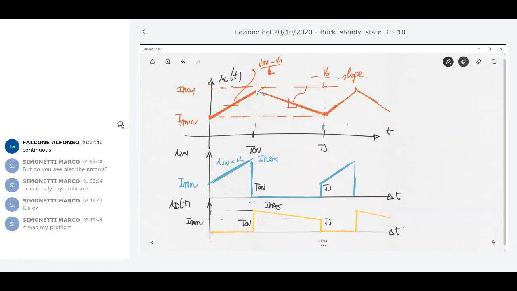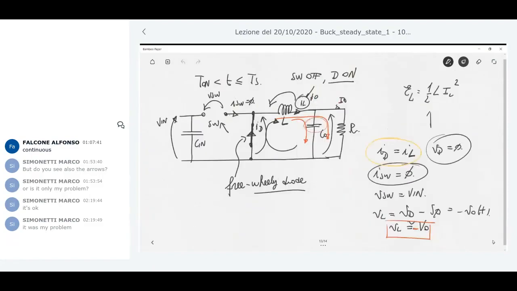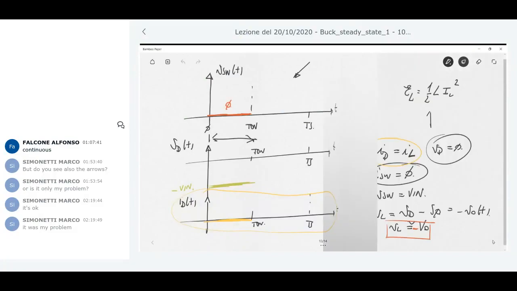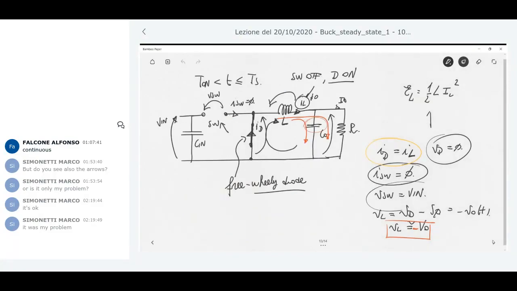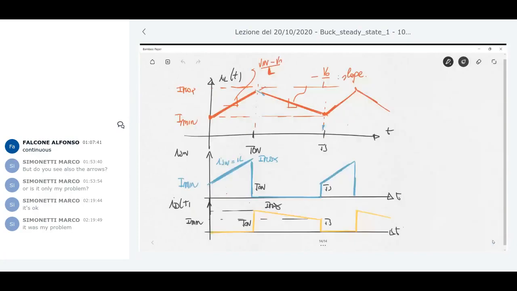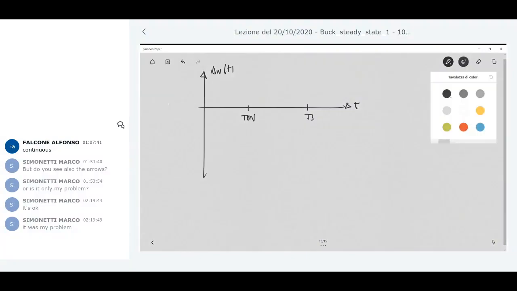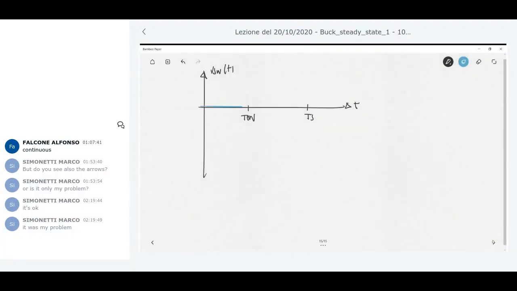What happens to the voltage across the switch? It is 0 during T-on, of course, because the switch is closed, and V in during T-off when the switch is open. For V switch, I have null during T-on and V in during T-off.